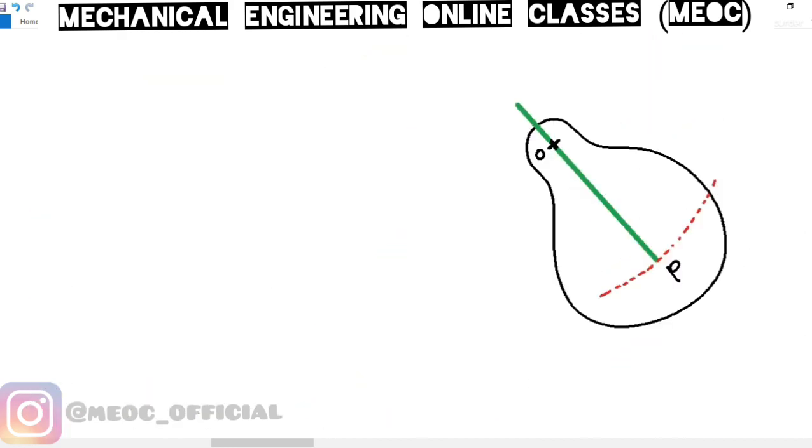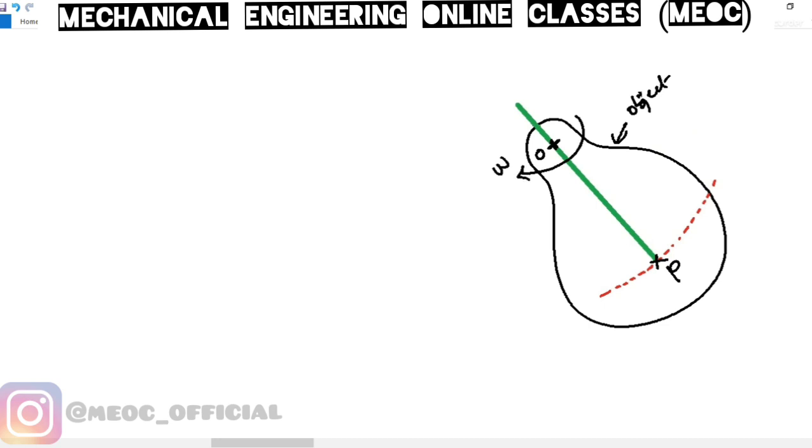So if we have to look at this particular situation in the normal coordinate system, let us say that this O is the axis or the point about which this object is rotating. The point that we are considering is some P. The rotation is happening like this.